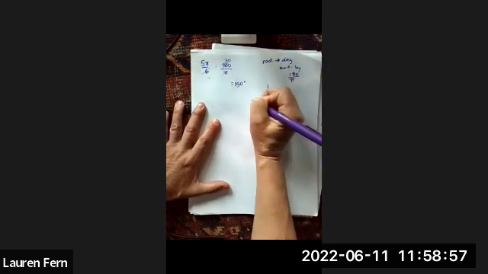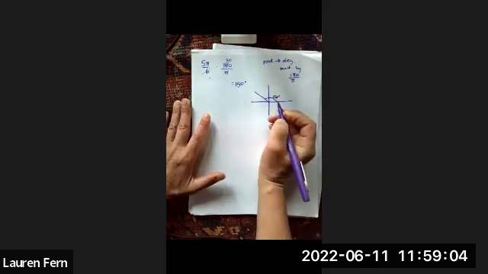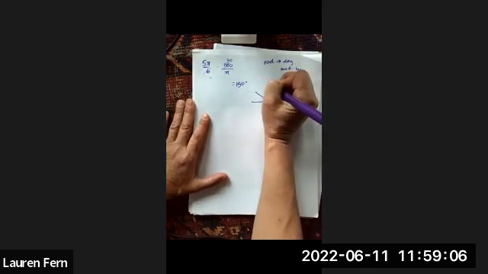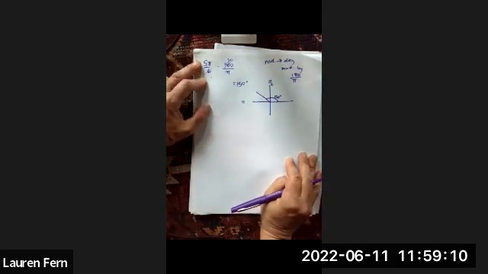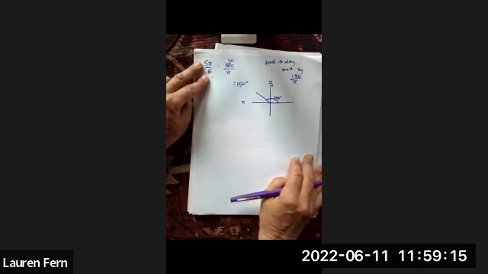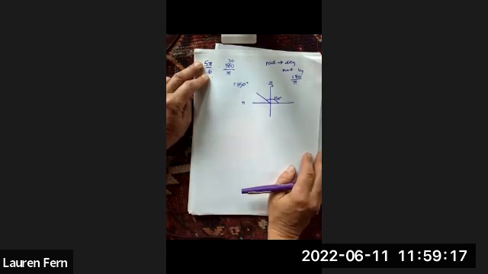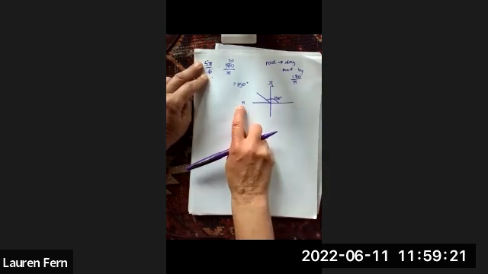Now, just like it's important to know that 150 degrees is in our second quadrant, if this is pi over 2 radians and this is pi radians, what's the easiest way of locating where 5 pi over 6 radians is without having to convert it to degrees? What I would suggest is get a common denominator.